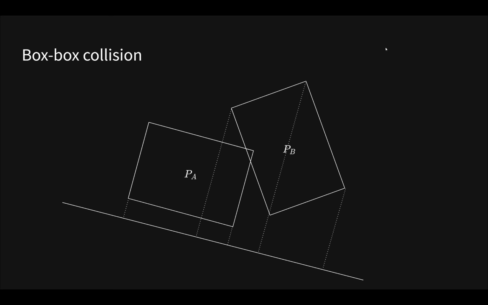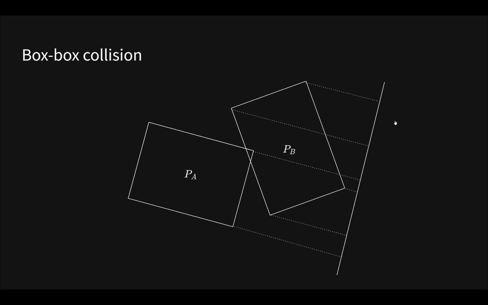It says if the boxes are not overlapping, then there exists some axis that can separate the two boxes. So we pick some axis, project all the points of the two boxes onto this line, and see if there is some overlap.